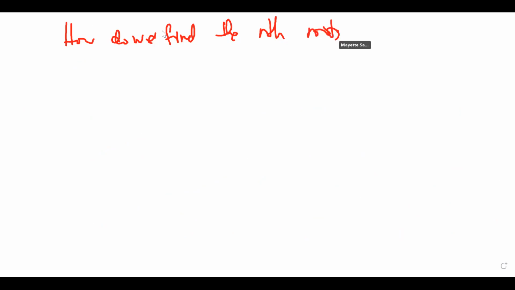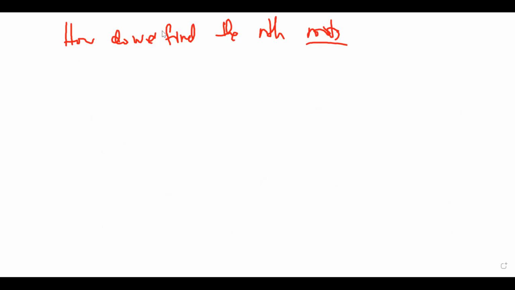Now, how do we find the nth root or nth roots of a complex number? Example.